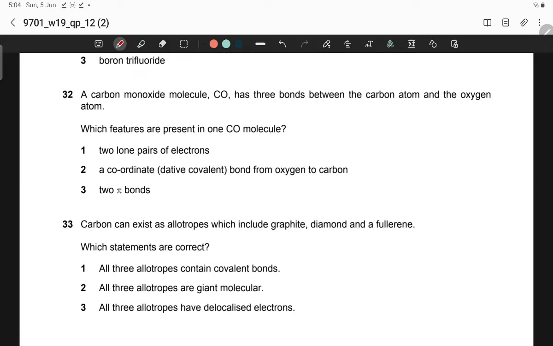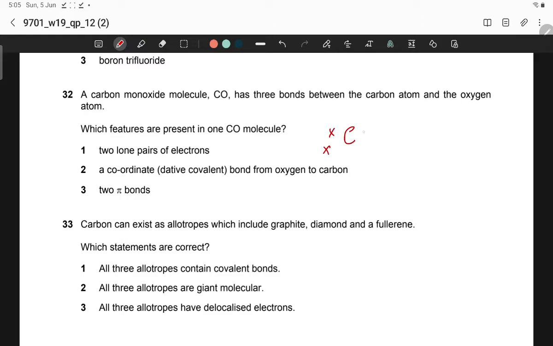Question number 32. A carbon monoxide molecule has 3 bonds between the carbon atom and oxygen atom. Which features are present in one carbon monoxide molecule? 2 lone pairs of electrons.